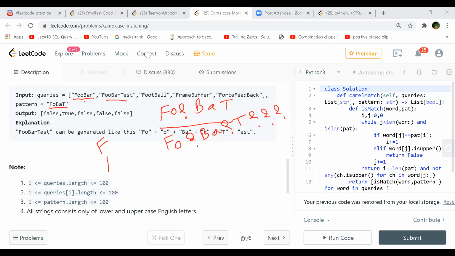Right. Then in the pattern you are getting the B, which is a capital letter. Then you will have a loop in the query until you get the next capital letter. Once your pointer is at the next capital letter, then you match both the try node and the node in the query.